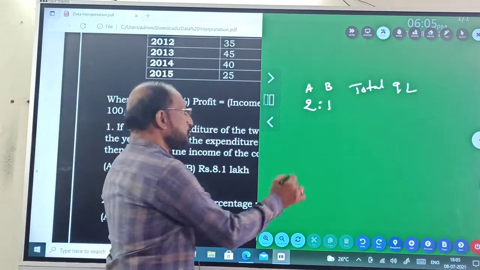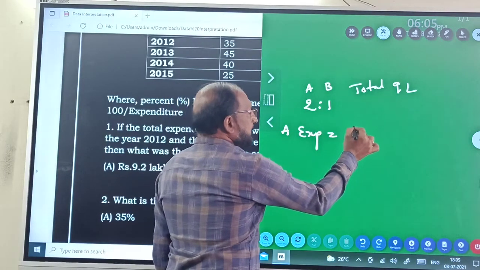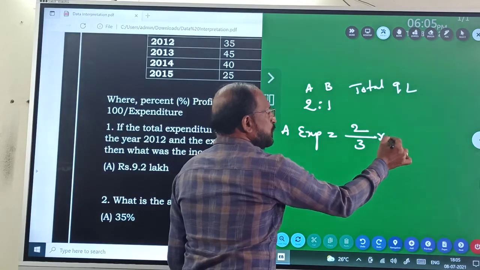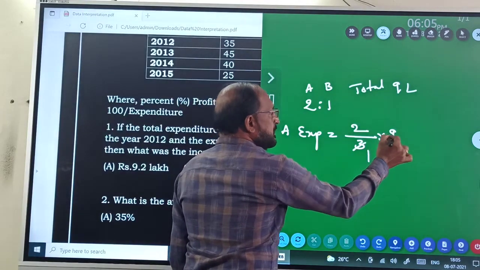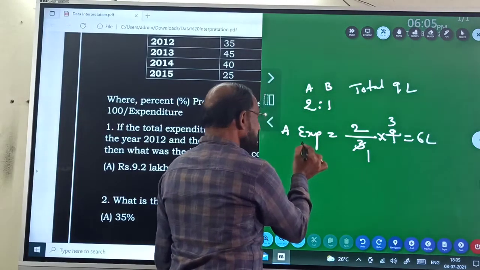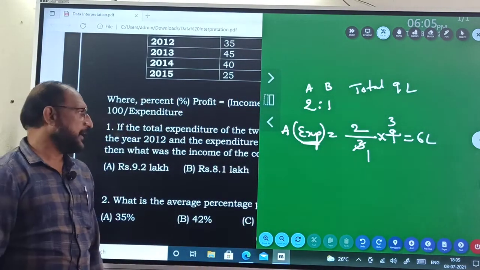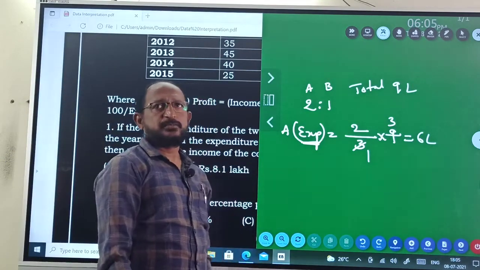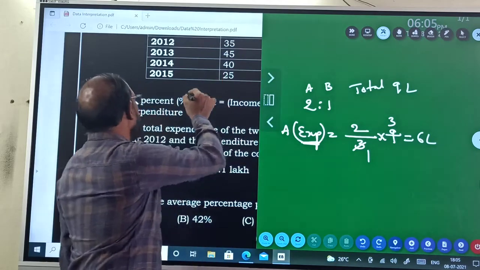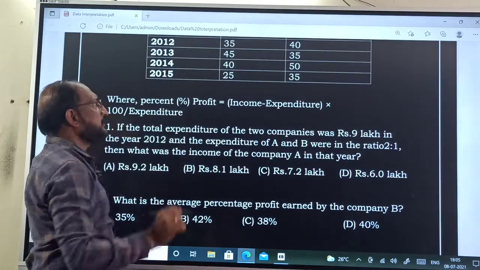So A's expenditure is A's part divided by the total sum of the ratio, 2 by 3, into 9. So 3 threes are 9, 3 ones are 3... so 6 lakh. This is the expenditure of A. Now, we know the profit percentage for 2012 for company A is 35.